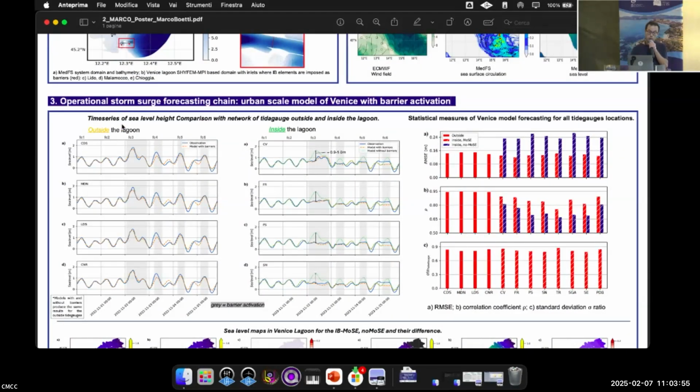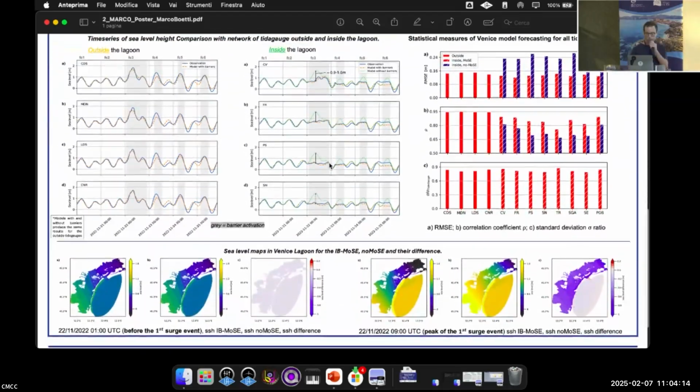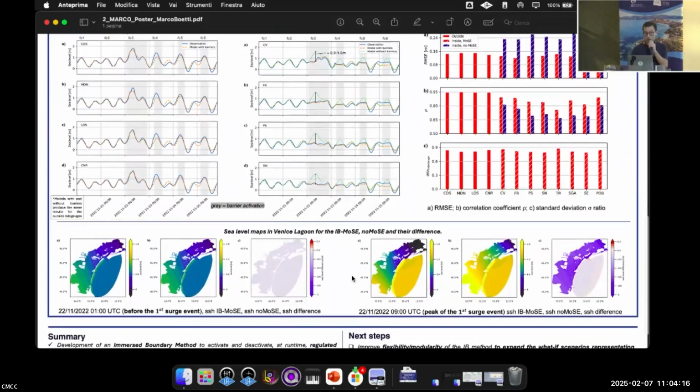We have basically two networks, one outside the lagoon and another one inside it. You can see that the use of these immersed boundaries is very effective in reproducing the actual sea level at these measurement points.